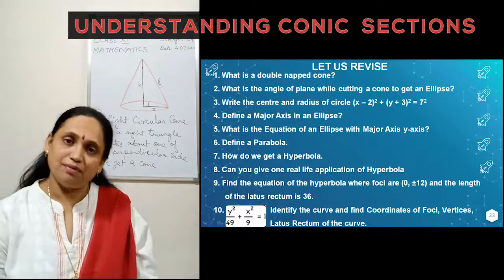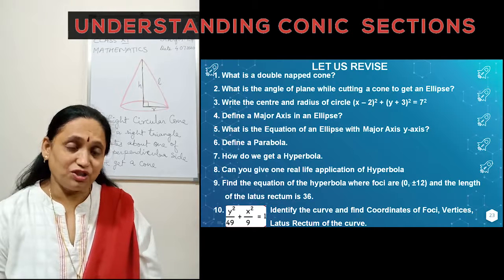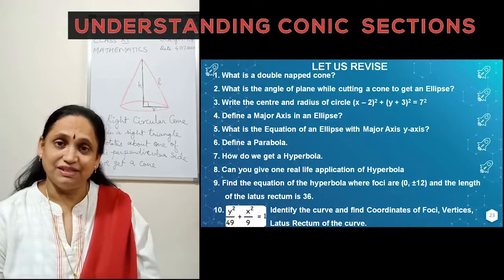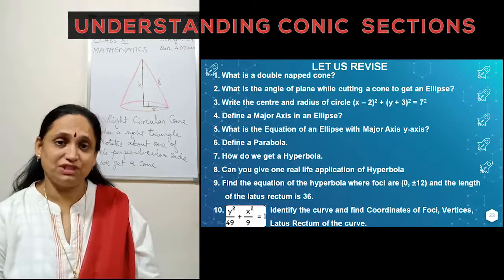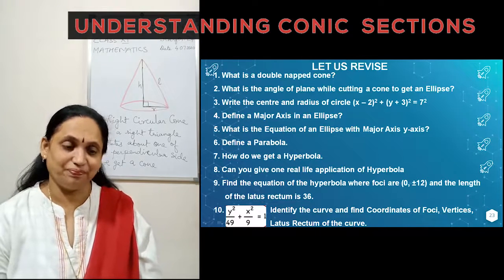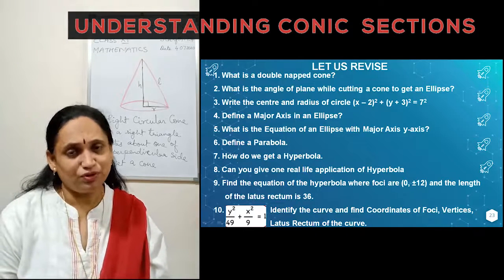How do we get a hyperbola? The figure that we got, which is symmetric and disjoint and an open curve, and it is locus of all those points, difference of whose distances from two fixed points is a constant, is called a hyperbola. Now, can you give one real life application of hyperbola?